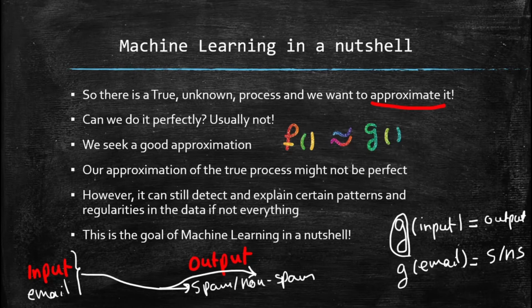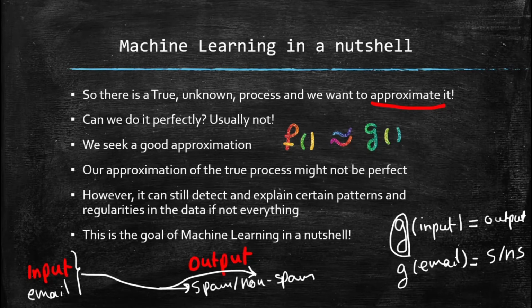But it can still explain some of the patterns or some of the regularities in the data, if not everything. Okay, and that is usually what we end up with. We usually cannot come up with that perfect approximation, but we can come up with an approximation that detects enough regularities, enough patterns in the data, that could accomplish our task, that could successfully map my input to the output.